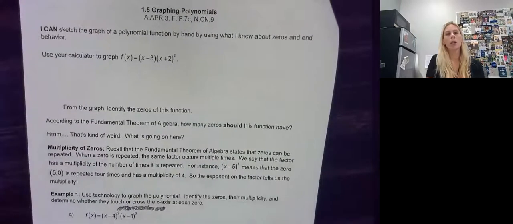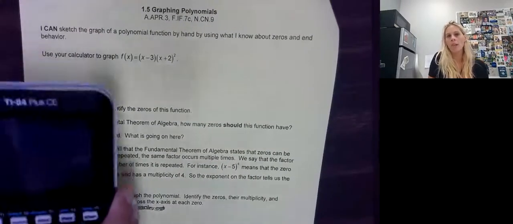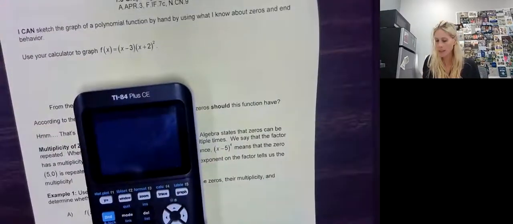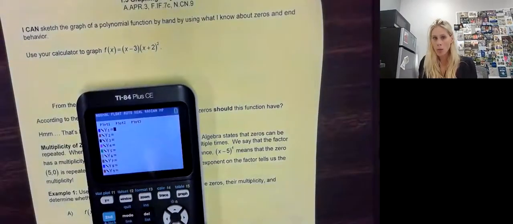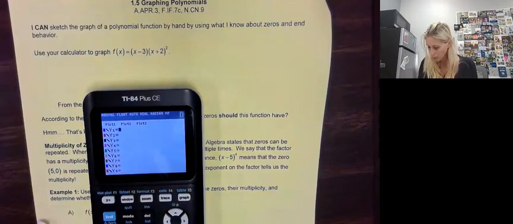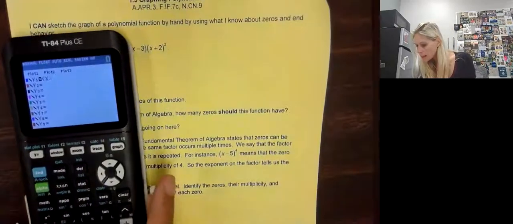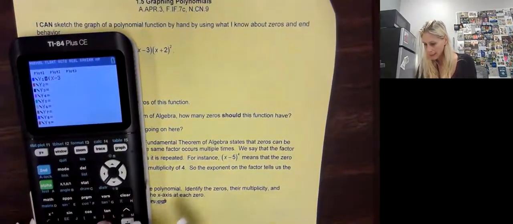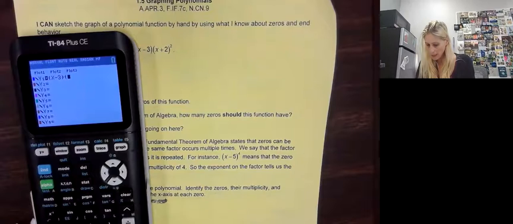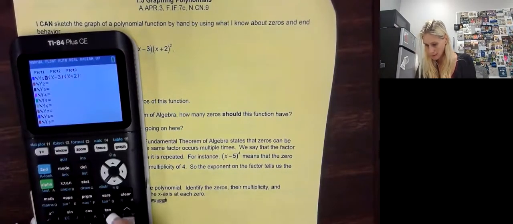So here we go. We're going to use our graphing calculator right now to graph this so we can see what it looks like. So y equals x, the x button is right here, x minus 3 times x plus 2, and that one is squared.